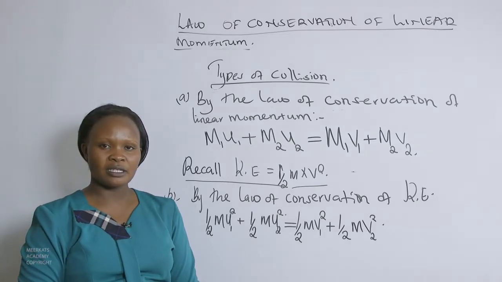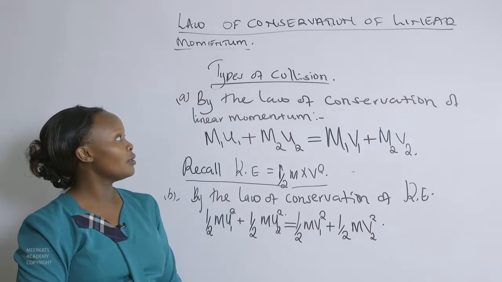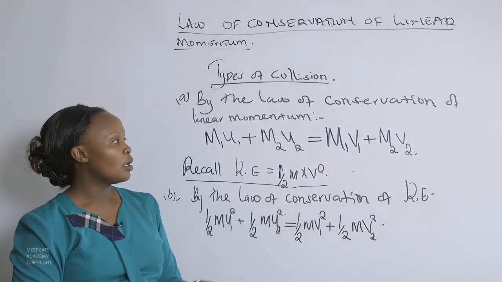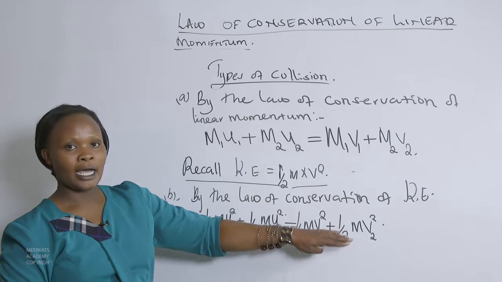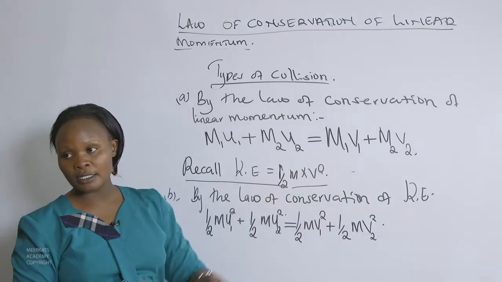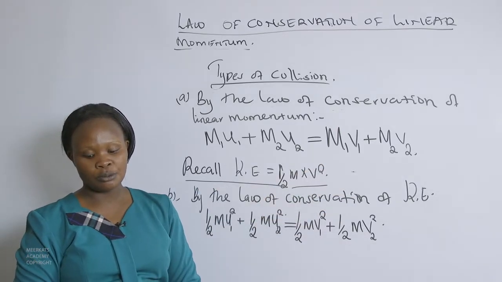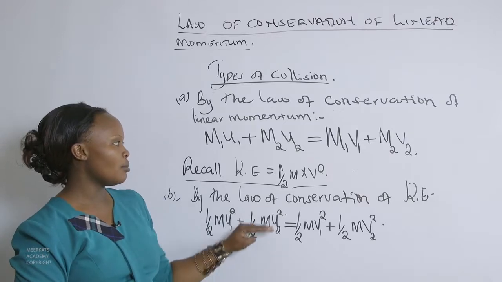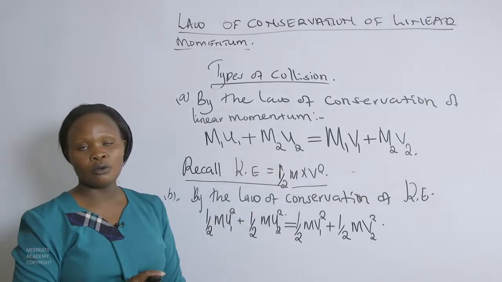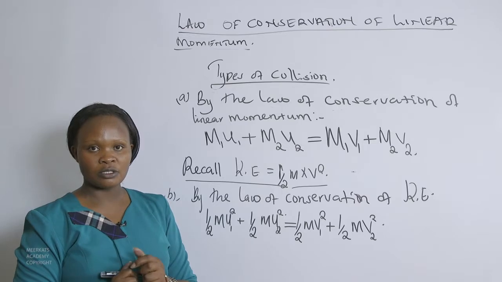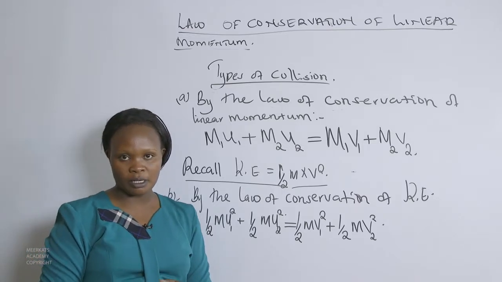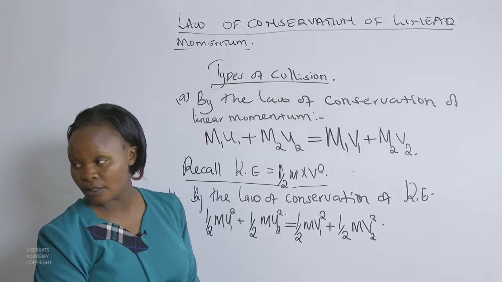So for this case of elastic collision, kinetic energy and momentum are preserved, which means that we can come up with these two formulas for the conservation of the parameters of our interest.